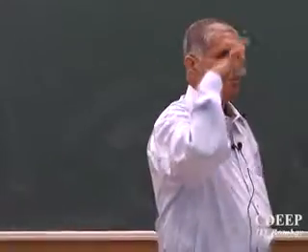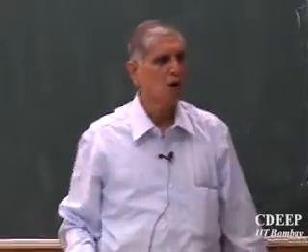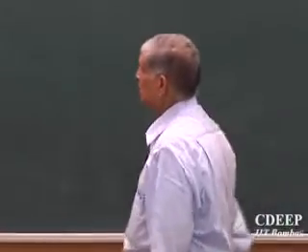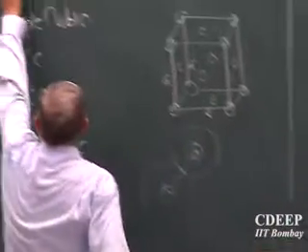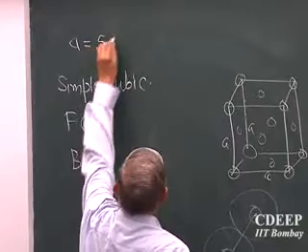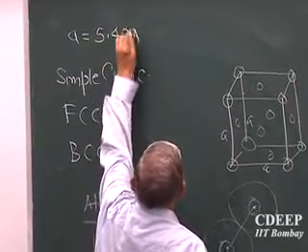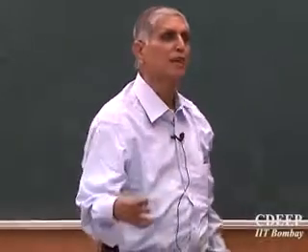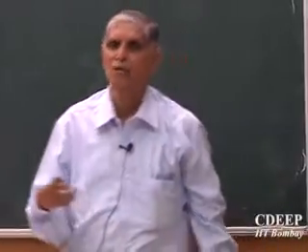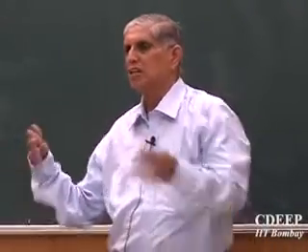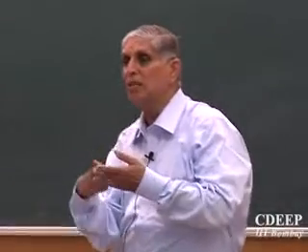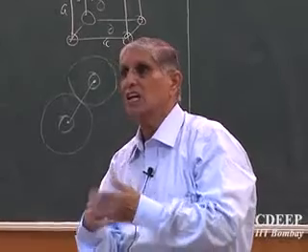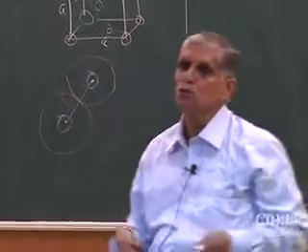It is called the lattice edge or lattice constant. Typically for silicon, this number is very important: 5.43 angstroms. This is only for silicon. For different materials, this number will be different, because only when the atomic arrangement changes will the physical and chemical properties change. Is that clear? Therefore, this is unique to silicon.